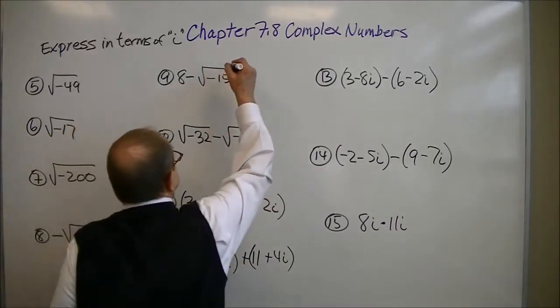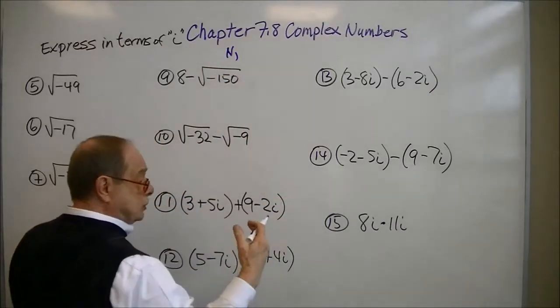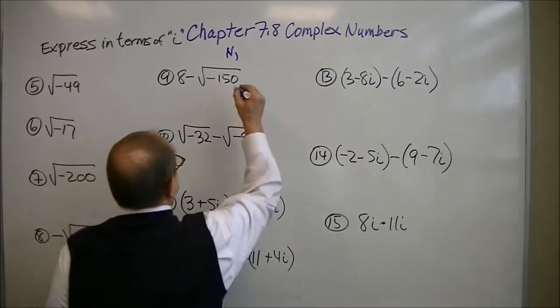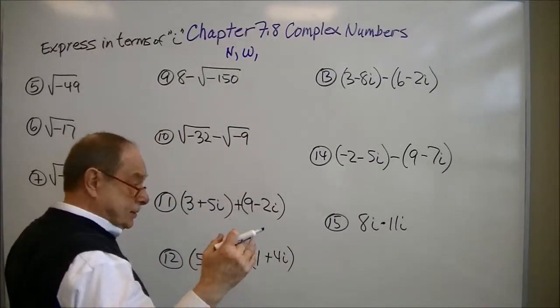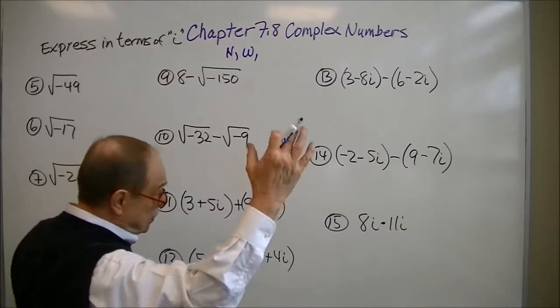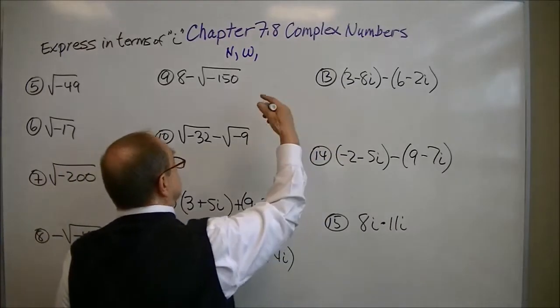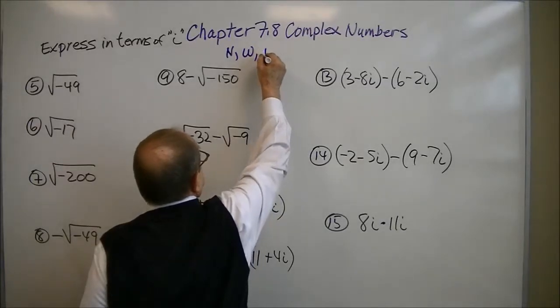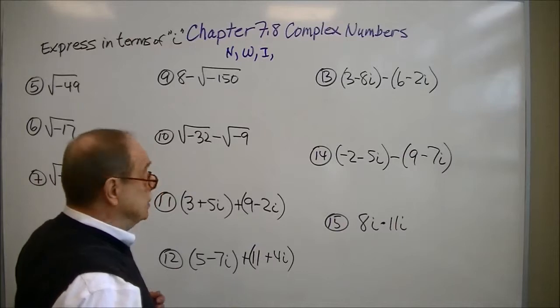Now, there are a number of different kinds of numbers. We have, for instance, natural numbers, which is 1, 2, 3, 4. We have whole numbers, which are 0, 1, 2, 3, 4, and so on. Then we have the opposites of those, which give us the integers, which is the negative whole numbers in a sense.